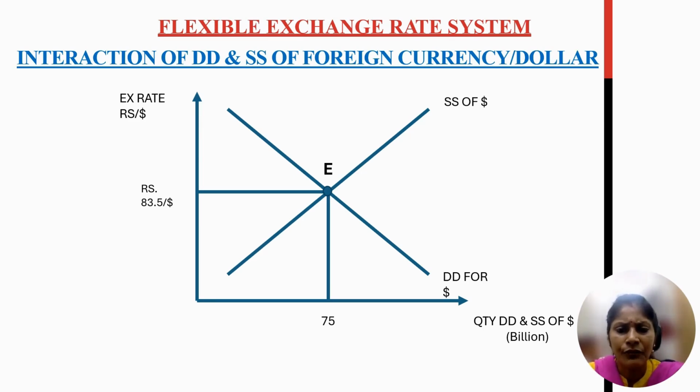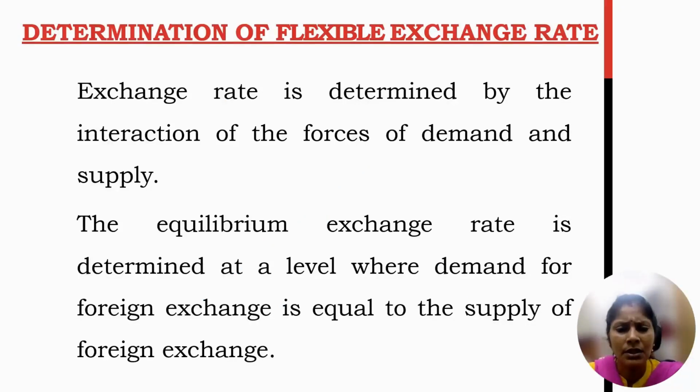Further, in terms of the definition given in this slide, the exchange rate is determined by the interaction of the forces of demand and supply, and the equilibrium exchange rate is determined at a level where the demand for foreign exchange is equal to the supply of foreign exchange, as you saw in the previous slide, where at point E the exchange rate is determined, and 83.5 rupees per dollar is fixed for a quantity demanded and supplied in billion.